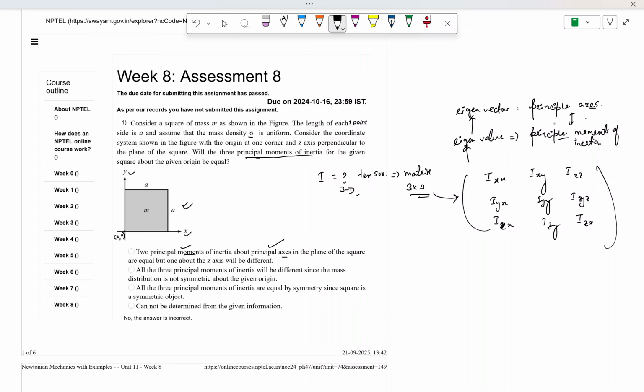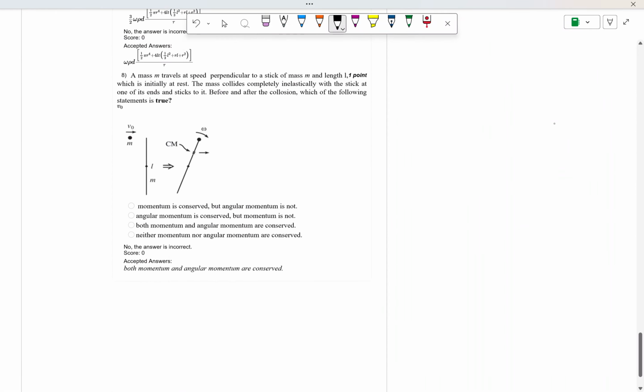Now let us start solving it. This is question number 1. First let me draw a quick diagram.